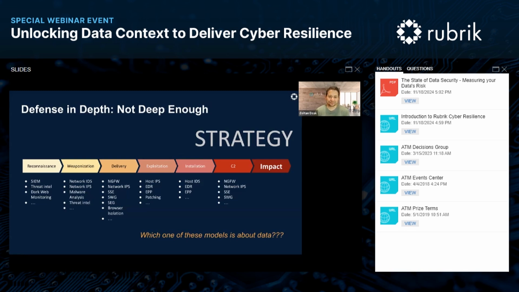And I always ask the question, which of these tools is about defending your data specifically? All of these tools are about detecting and preventing unauthorized access to your infrastructure. But there's nothing that really gives you any sort of actionable intelligence for when your high value data is under attack.